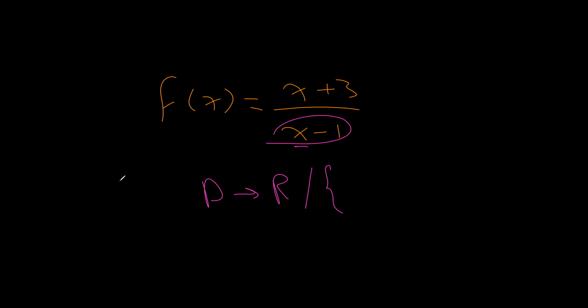What number makes the denominator 0 here? It is 1. So that means all real numbers except 1. How do I know the number that makes the denominator 0? I just put x minus 1 equals 0, then I send 1 there, so that means x equals 1. So this one now, when x is 1, is excluded from what? From the domain.